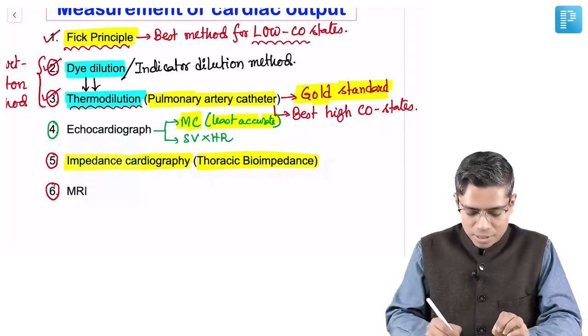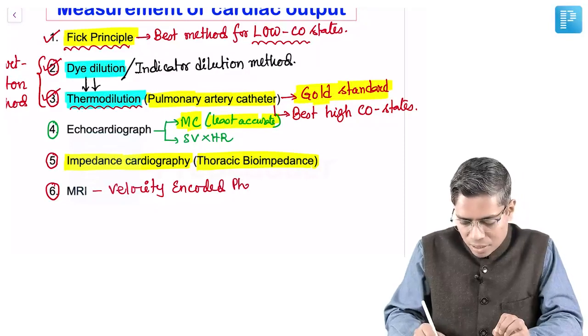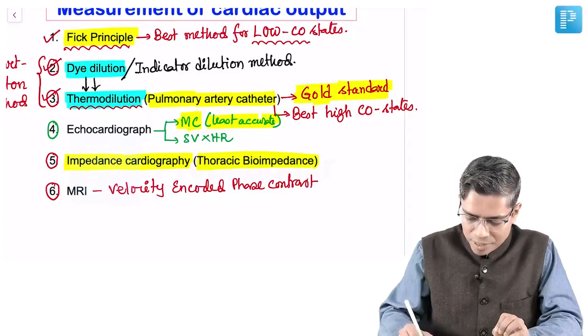There is a special version of MRI, that is velocity encoded phase contrast MRI, right?